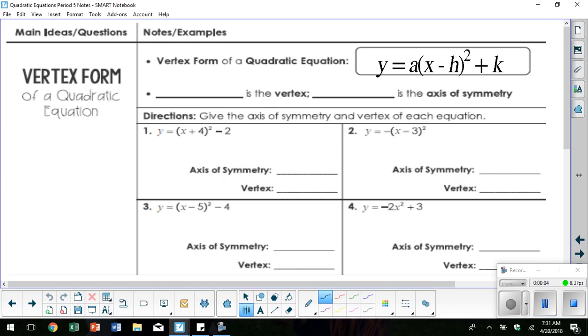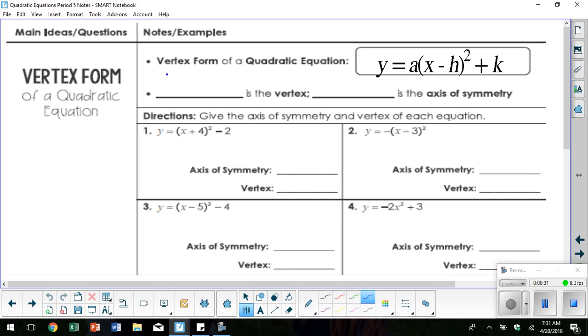So, vertex form is the easier way of graphing this. Vertex form of a quadratic equation: y equals a times parentheses x minus h squared plus k. The first blank is the vertex, the second blank is the axis of symmetry.